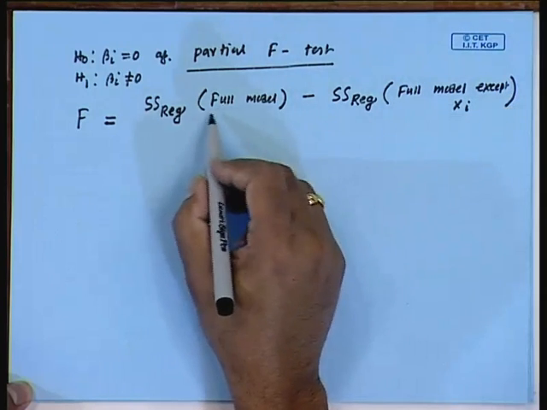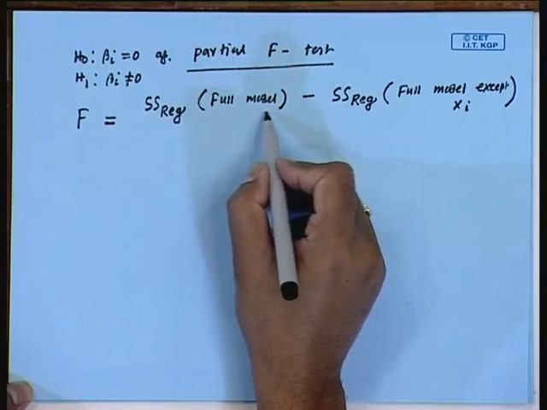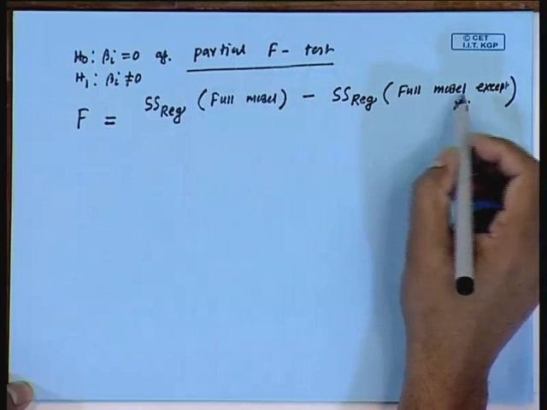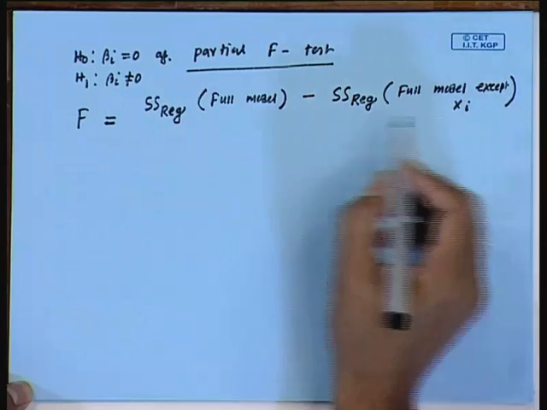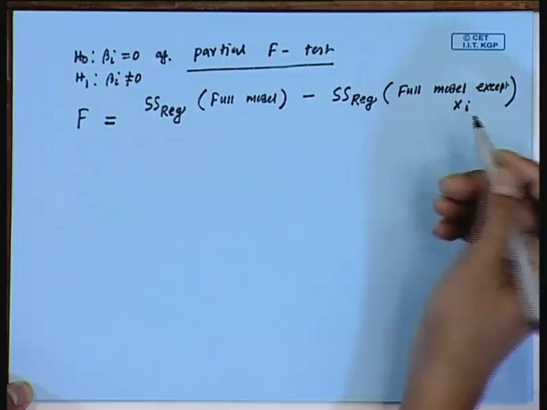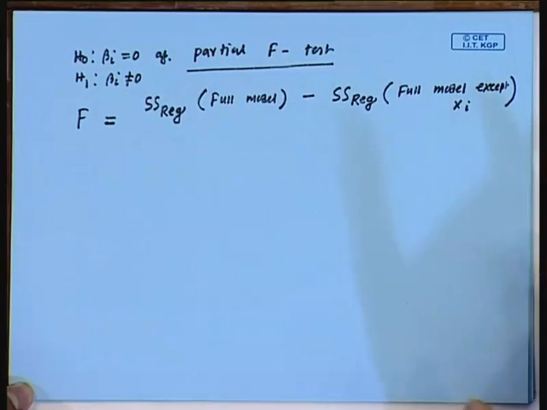Here you have all the regressors x 1 to x k minus 1, and there you have all the regressors except the regressor x i. This difference is the extra regression sum of square due to the regressor x i.